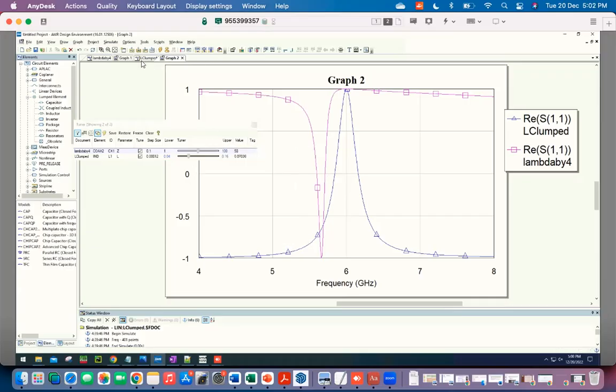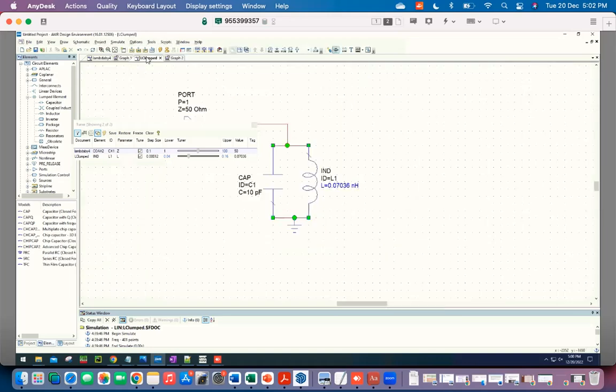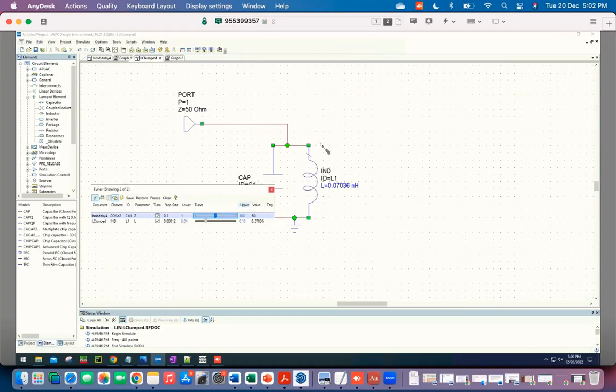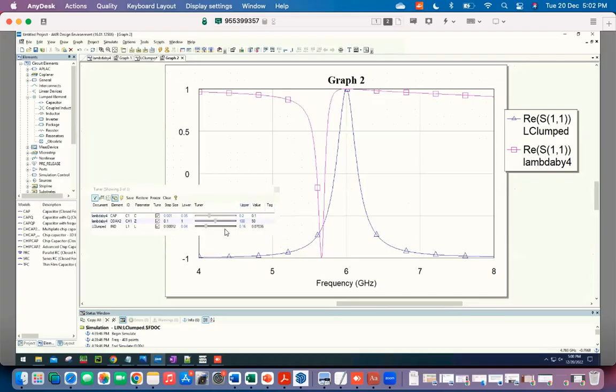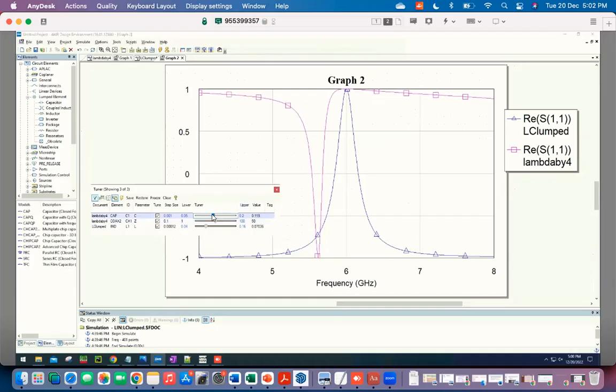So if you reduce the capacitance, then this approximation holds, and basically everything happens over a much narrower range of frequency, so it looks more and more ideal. Let me tune this capacitor. Now you see that if I increase the capacitance, the frequency goes further lower and the asymmetry is enhanced. And if I do it the other way around, then it starts to look better and better.